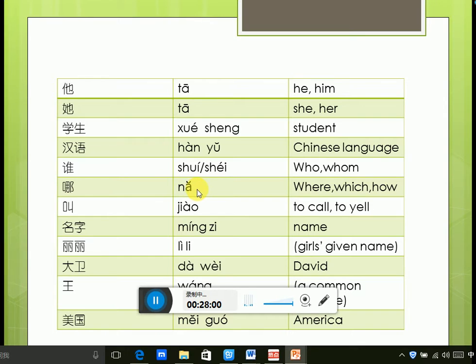哪 means where, which, how. We can use 哪里 to address where, 哪些 to address which, 哪样 to address how.